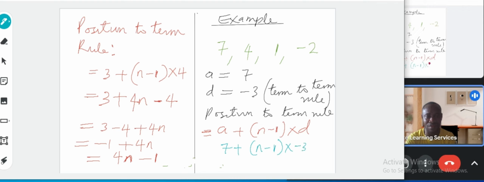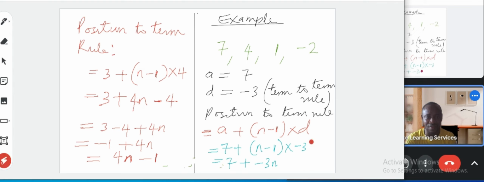Beautiful. Okay, so that gives us 7 plus. What is minus 3 times n? That's minus 3n, isn't it? So 7 plus minus 3n.